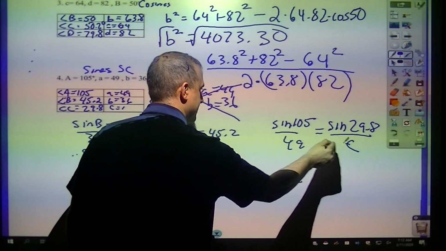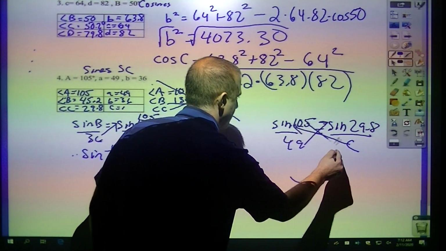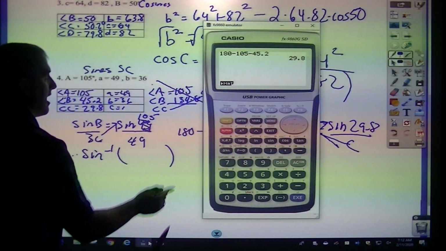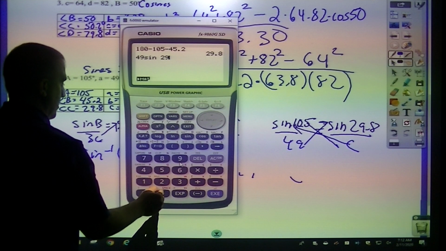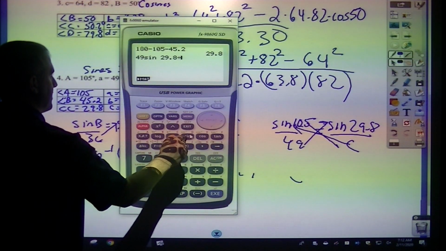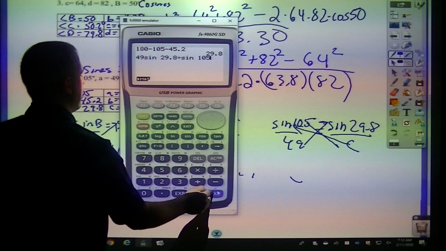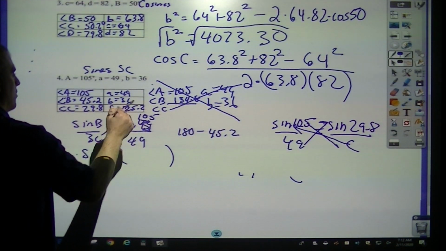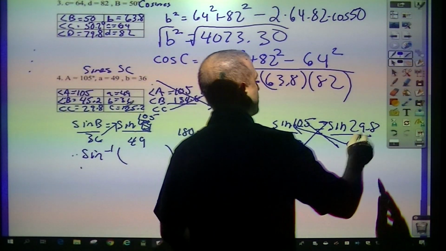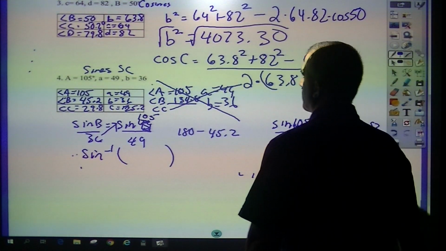So very simply, the c comes up, this goes up, that goes down. We worked that in class. So 49 sine 29.8 divided by the sine of 105, I get 25.2 for the answer. So 25.2 on that one.